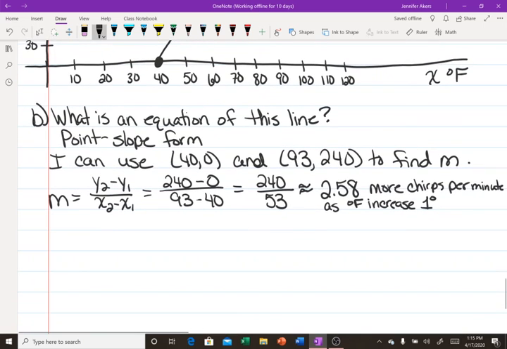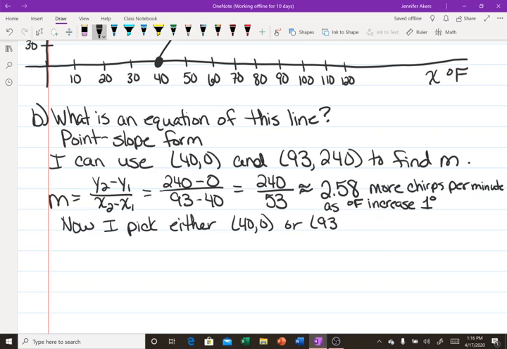So now that I have my m, I get to pick. Okay, so now I pick either 40, 0 or 93, 240 to substitute into y minus y1 equals m times the quantity x minus x1.